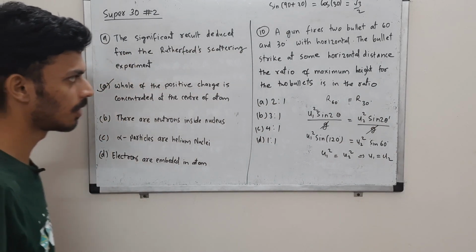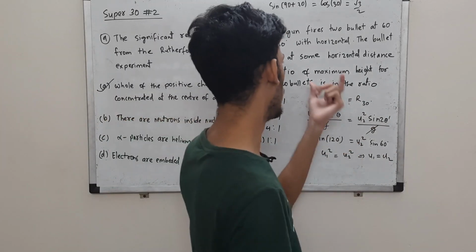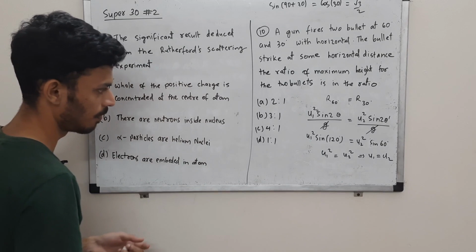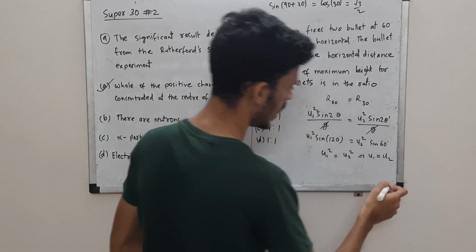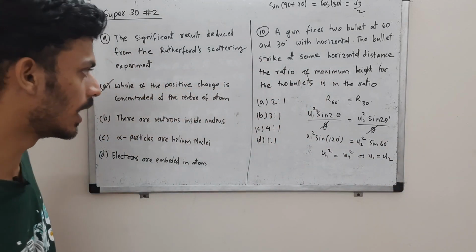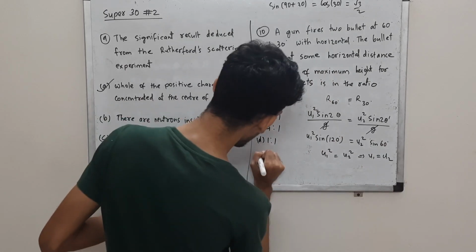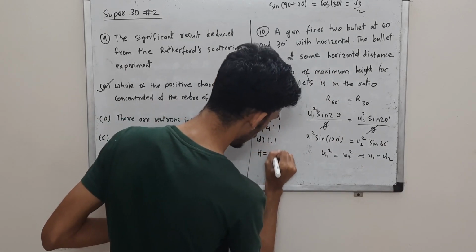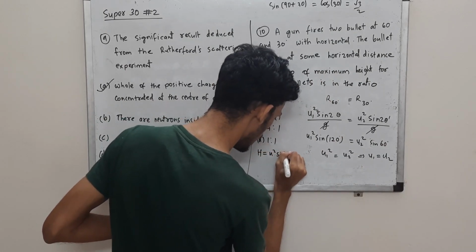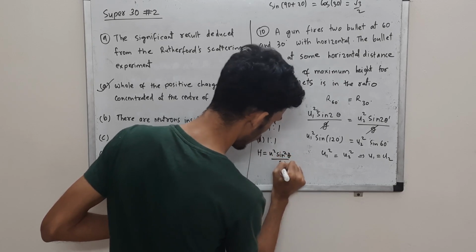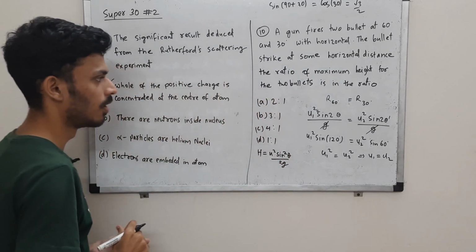That is what we obtained from our range equation, and we did this because we wanted to find a relation between u1 and u2. Now we can find the height. Height is u square sine square theta by 2g. These formulas are important for BITSAT.